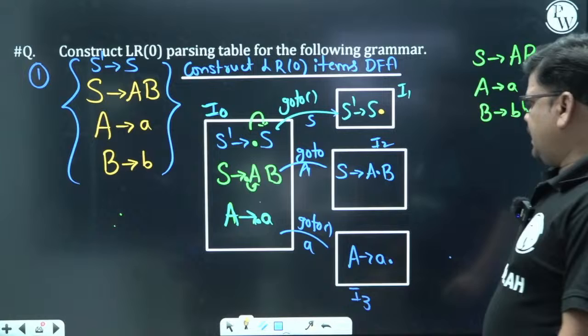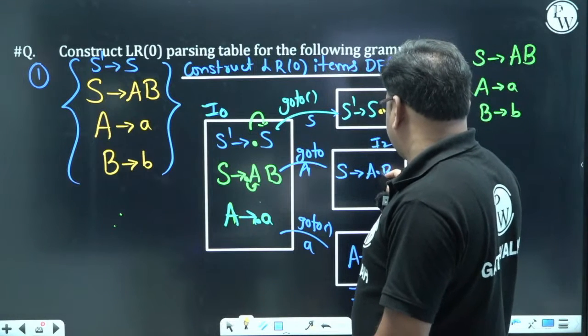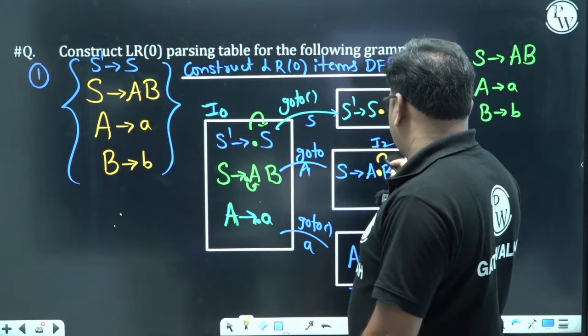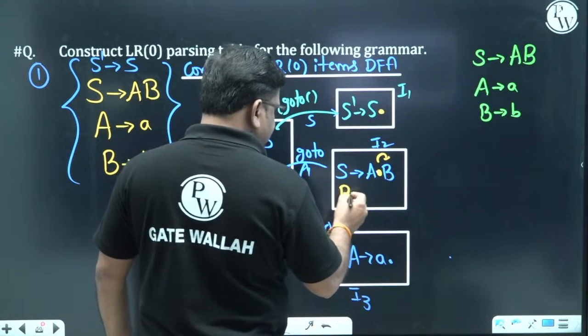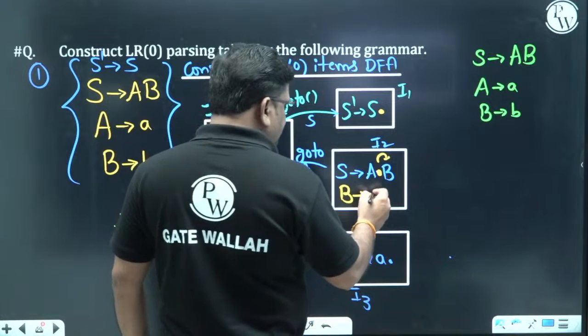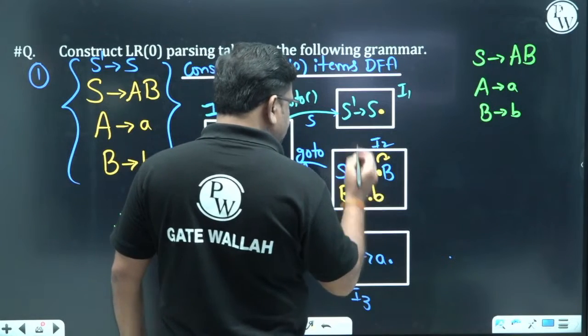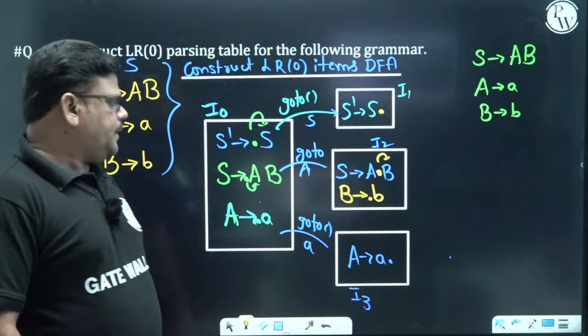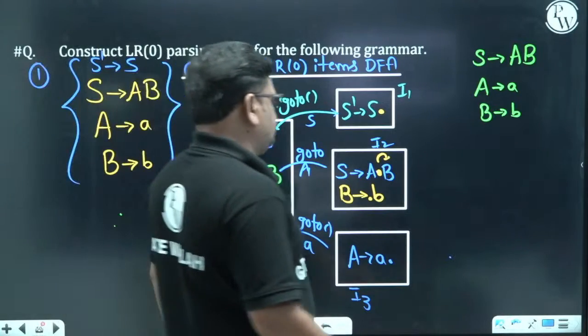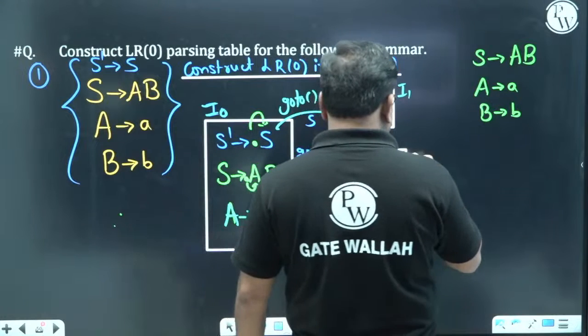Then let us go to I2. Any closure? Yes, after the dot B is there. What will the closure do? Add the B production and place the dot. Then apply goto. In I2, closure and goto we have to complete.